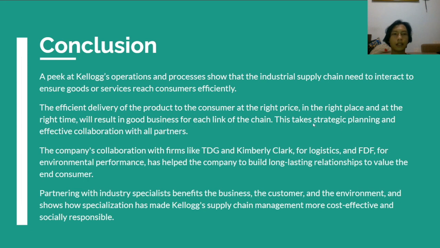This takes strategic planning and effective collaboration with all partners. So the company collaborates with firms such as TDG and Kimberly-Clark for logistics and FDF for environmental performance. That has also helped the company build long-lasting relationships to value the end customer.